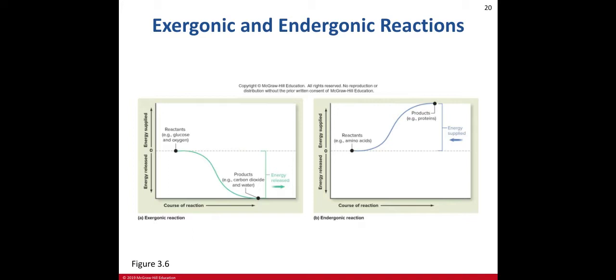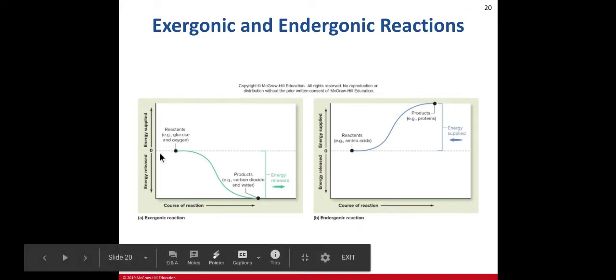So what does that look like on a graph? You will not need to really draw these out, but understanding them is helpful in understanding exergonic and endergonic reactions. So let's look at our exergonic reaction. The first thing that we have here is on our y-axis, we have the energy.